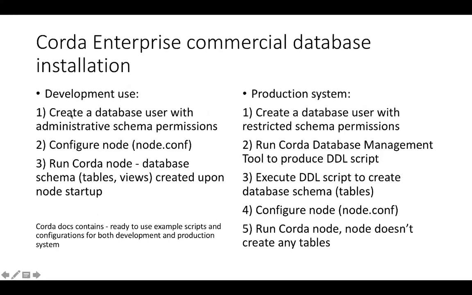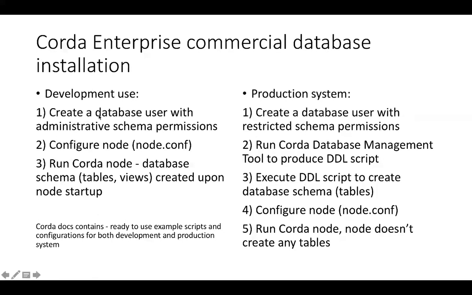So first, you need to create a database with user and schema permissions. This is nothing specific to Corda. This is the first step. And when you just want to try, you can create a database user with administrative permissions, which can delete and drop tables.